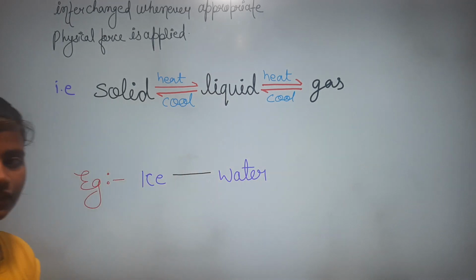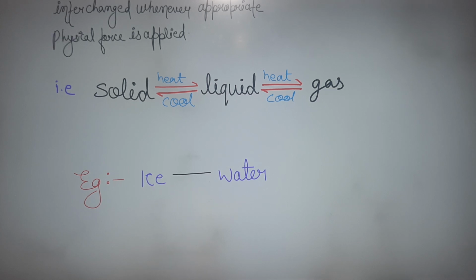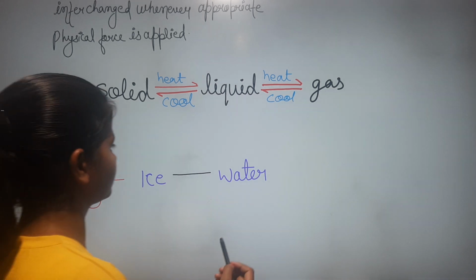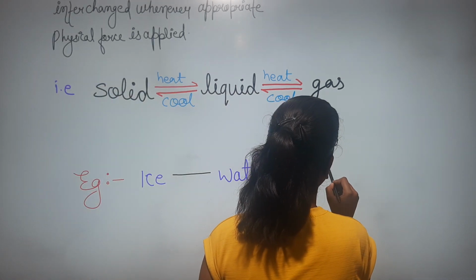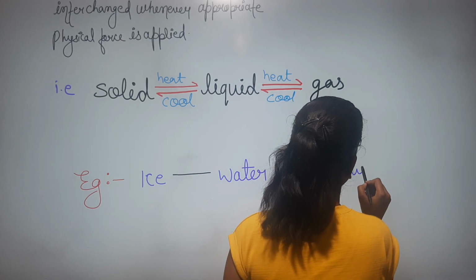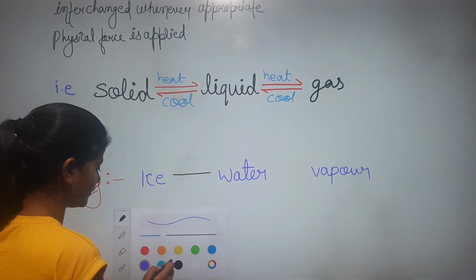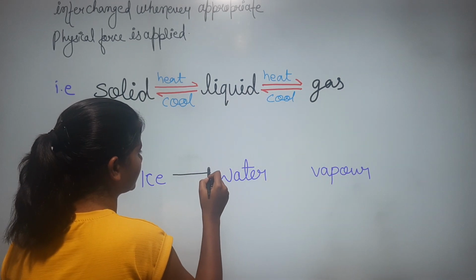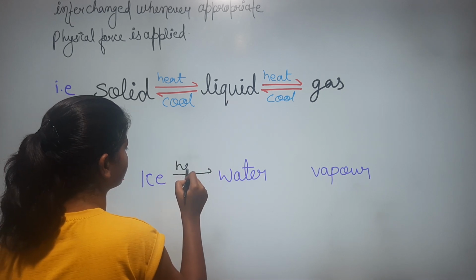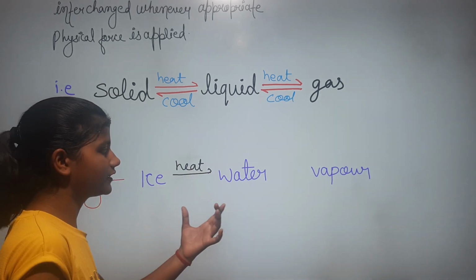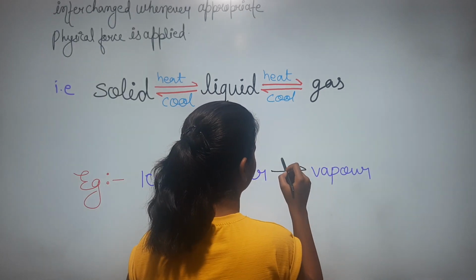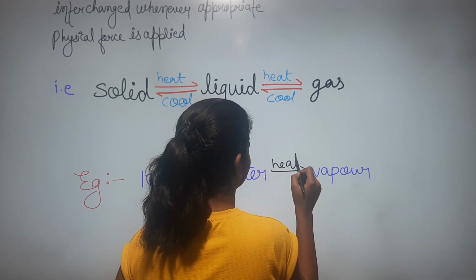And when we heat water, it turns into vapor. When ice is heated, then it turns into water, and when water is heated, it turns into vapor.